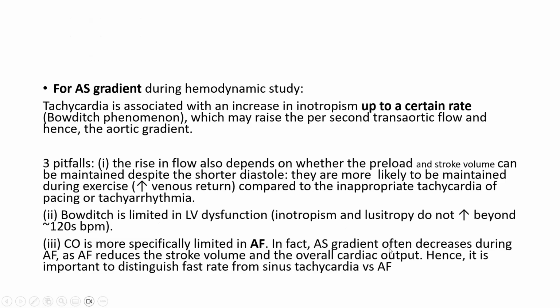In fact, AS gradient often decreases during AFib as AFib reduces the stroke volume and the overall cardiac output. AFib is a low output state, as I explained. Hence, it's important to distinguish fast heart rate from appropriate sinus tachycardia versus AFib. The gradient rises with appropriate sinus tachycardia but declines with AFib.